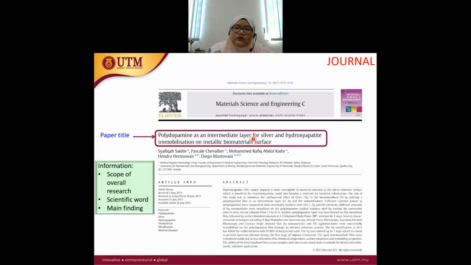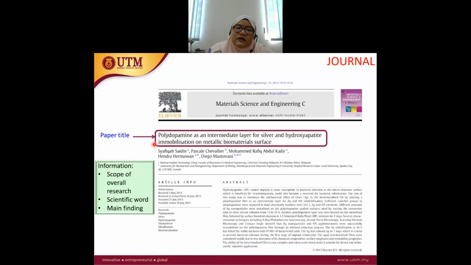Okay, so when you are doing the journal searching, when you have one journal, you have the paper title. The information in the paper title is the scope of the overall research, scientific words and the main finding.